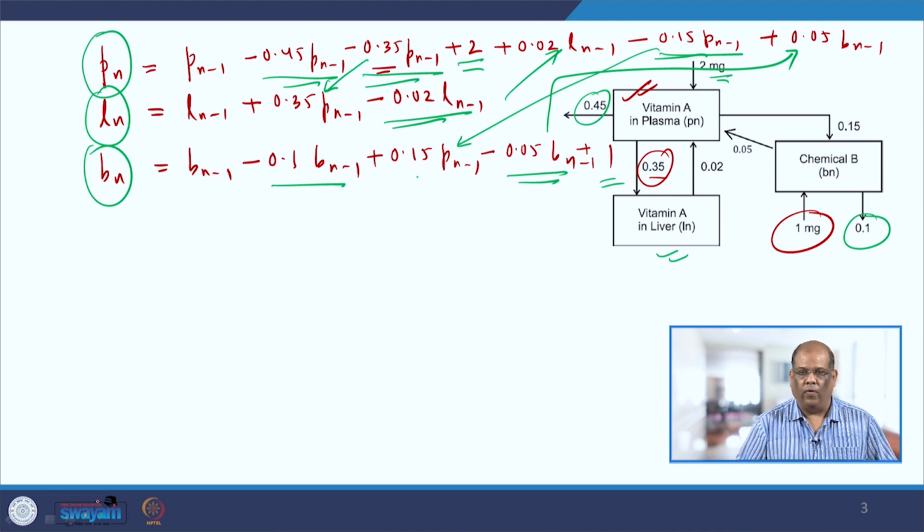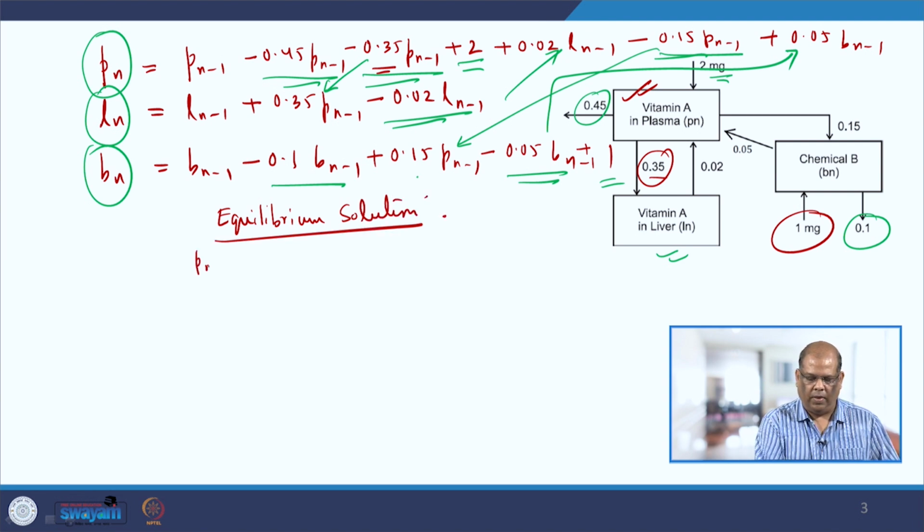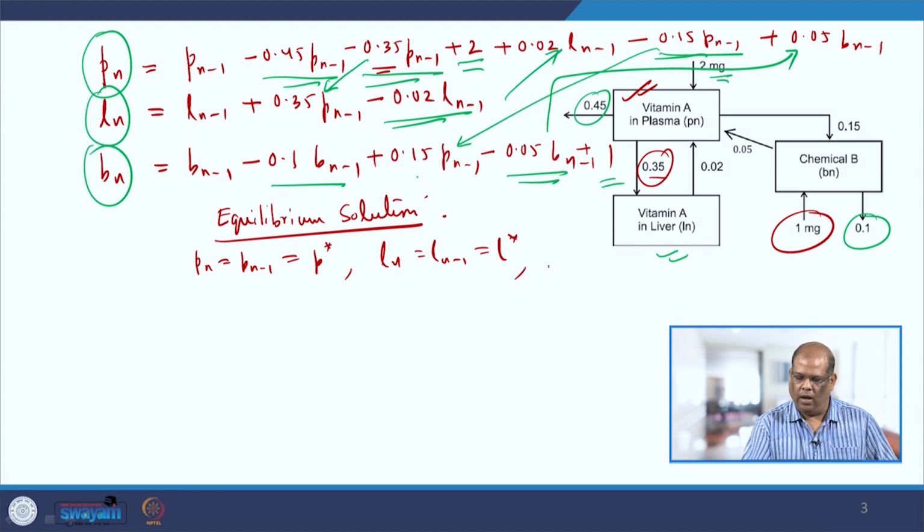So if you go for the equilibrium solution, then I have to replace Pn and Pn minus 1 by some P star, Ln and Ln minus 1 by some L star, and Bn and Bn minus 1 by some B star.